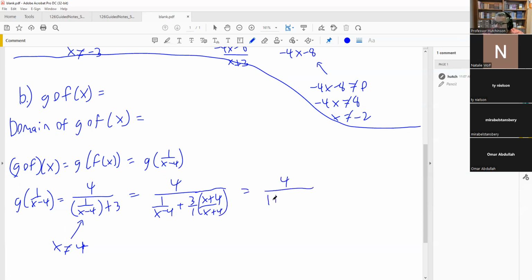I'm going to get 1 plus 3 times x plus 4 all over the common denominator. So I can add those together now because they do have a common denominator. And then this is going to be 1 plus 3x plus 12, all over x plus 4.